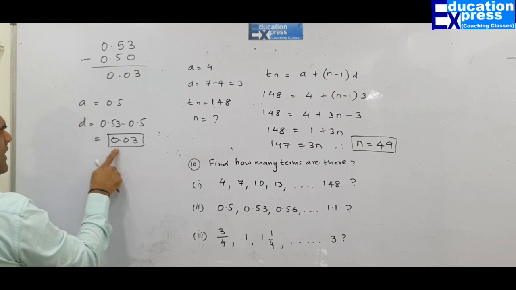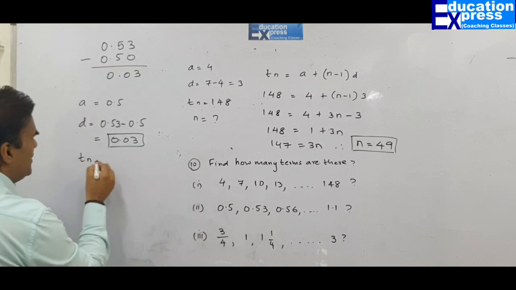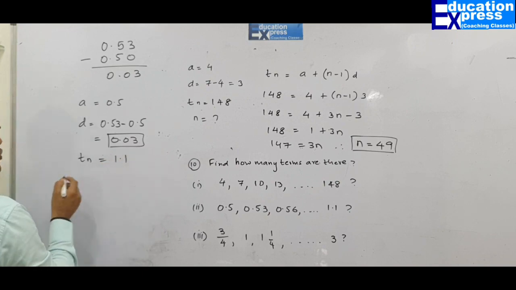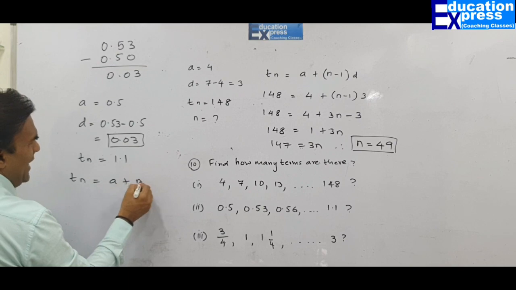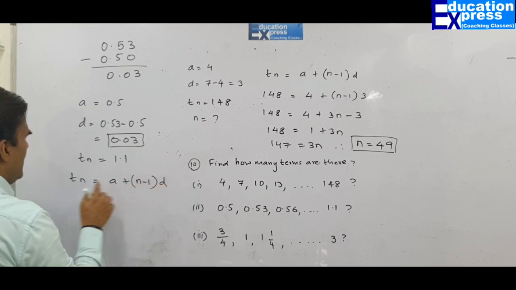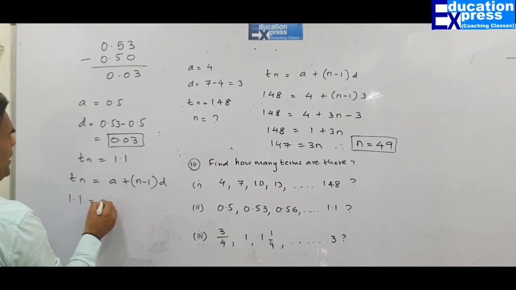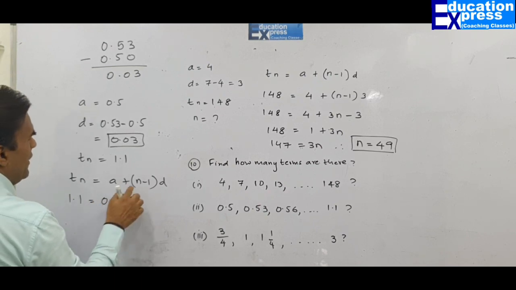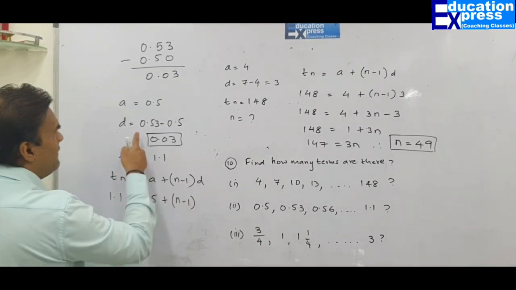A is available, D is available. The last term of the series is 1.1. So can you find n? Yes, sir. Tn equals A plus (n minus 1) into D. The last term is 1.1. The value of A is 0.5. N is not known to us, minus 1 into D. What is the value of D?